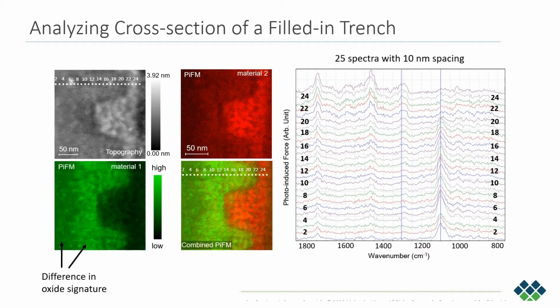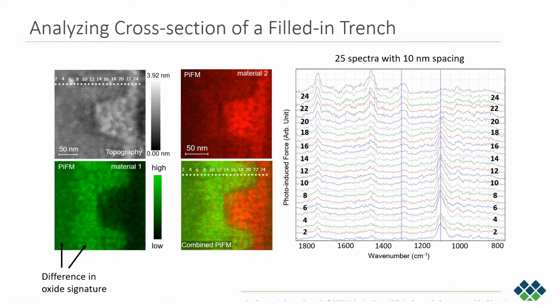Here we're seeing a cross-section of an inorganic material. It's a silicon piece that was just cleaved, and looking at material 1, based on this oxide peak at around 1100, we can see from the PIFM image at the bottom left that there is a difference between the oxide near the surface and as we go into the surface.